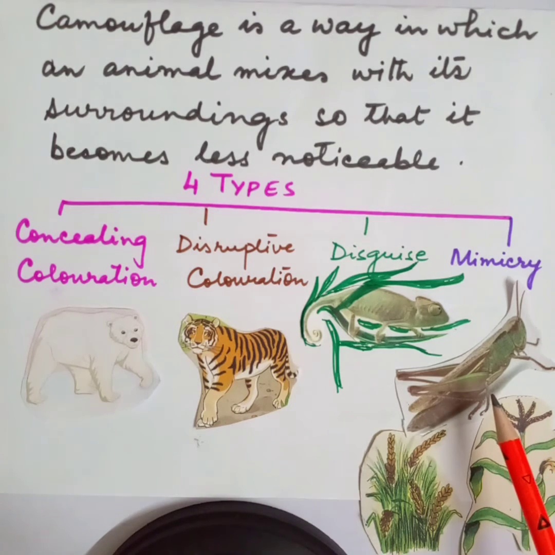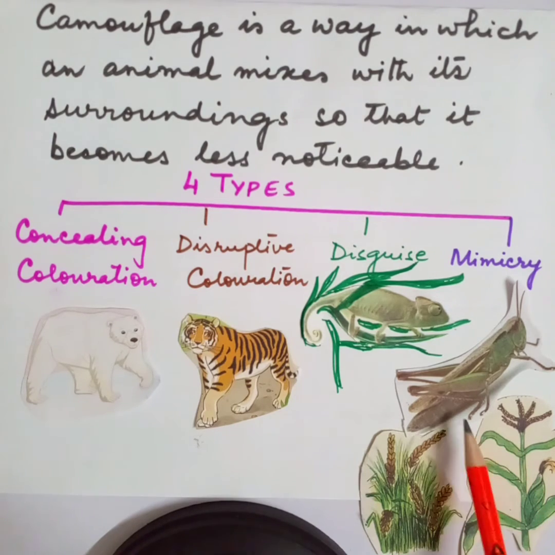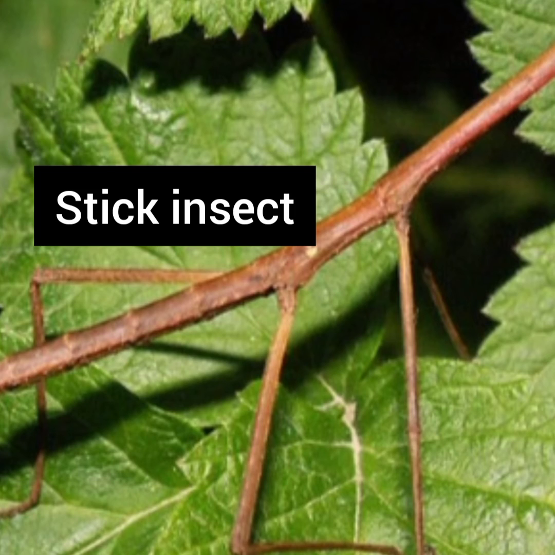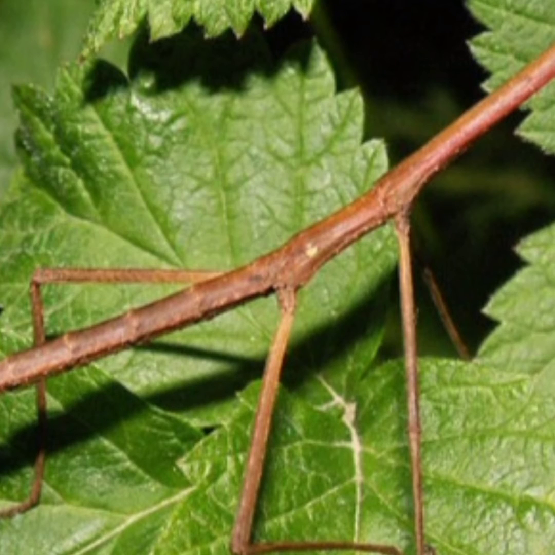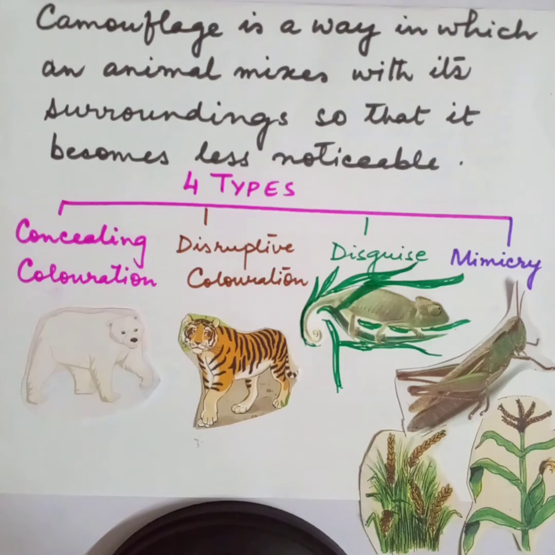See this locust. It resembles the crops where it exists. Locusts eat away the crops. The grasshopper is another example of mimicry. The stick insects look like twigs until and unless it starts moving.